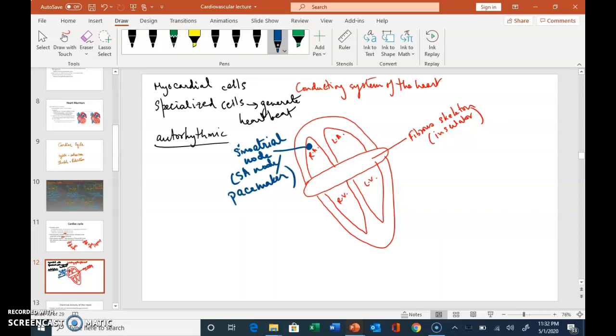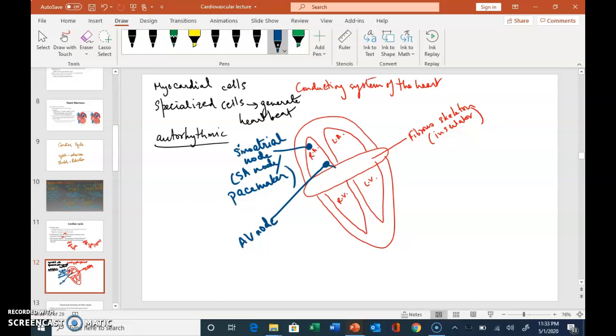Okay, so that's the SA node. Then we have the AV node, which sits right here. This is called the AV node or atrioventricular node.